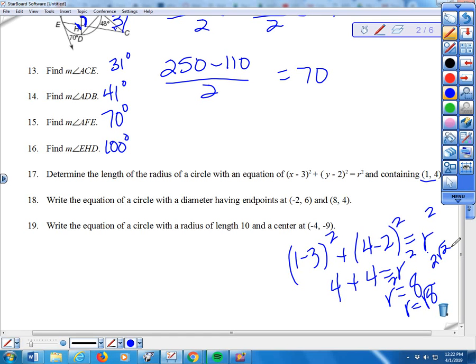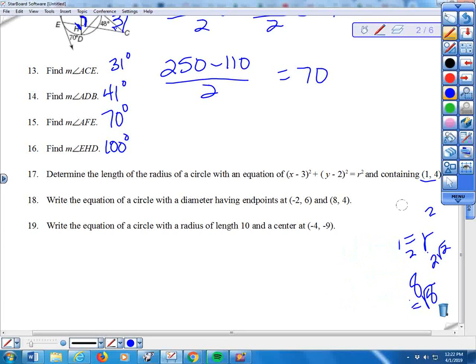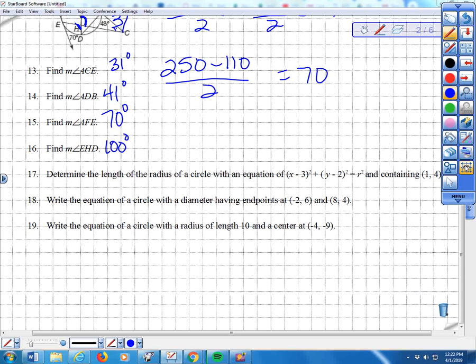Okay. Write an equation of a circle having a diameter with those endpoints. Let's see, where's a good place to draw this? Probably not there.